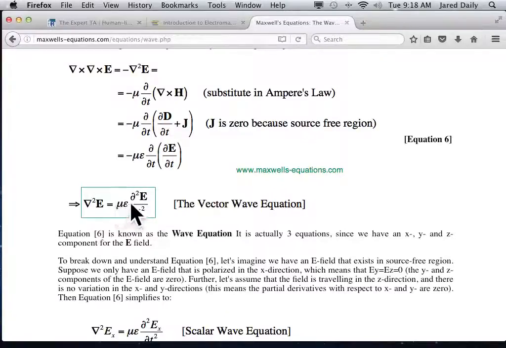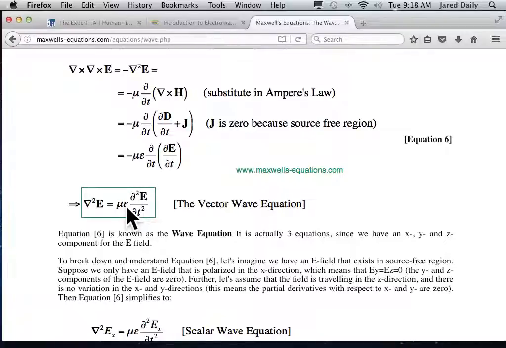Mu epsilon. Remember these two constants. We used mu when we did magnetism. We used epsilon when we did electricity. When you multiply these two numbers together, you get the square of the speed of light. Well, not exactly.